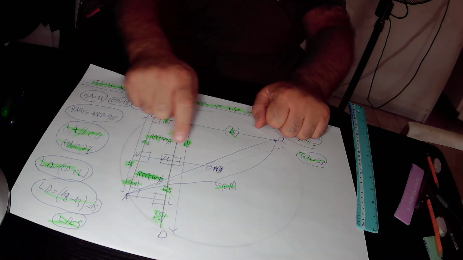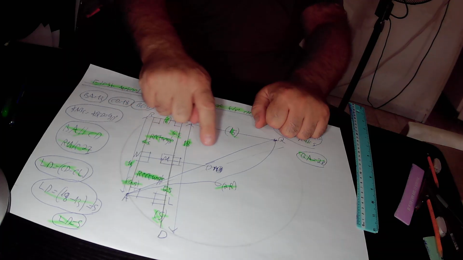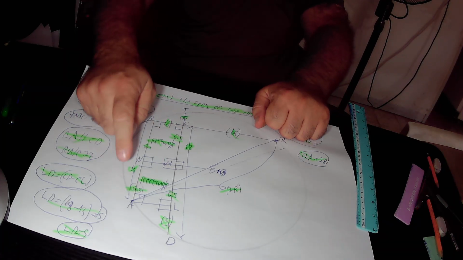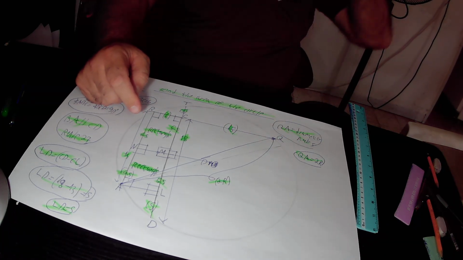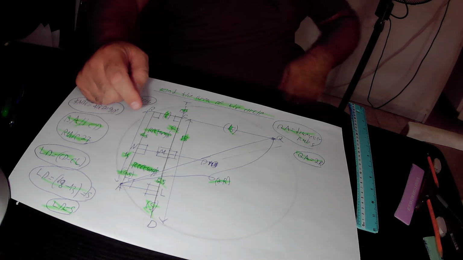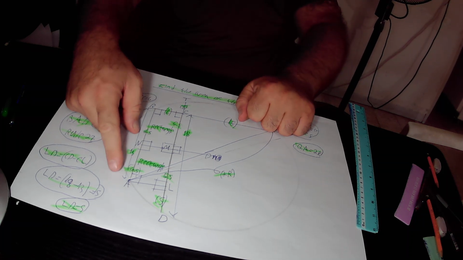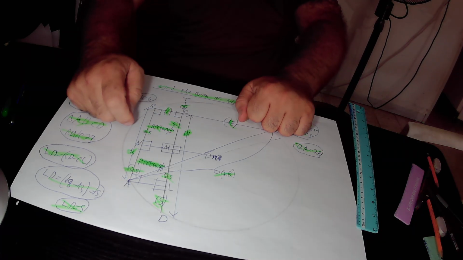That is to say, from point O, the perpendicular ON divides chord BA into 2 halves. BA in total is 13, so the first half is 13 over 2, that is 6.5. The second half is NA, that is also 13 over 2, that is 6.5.